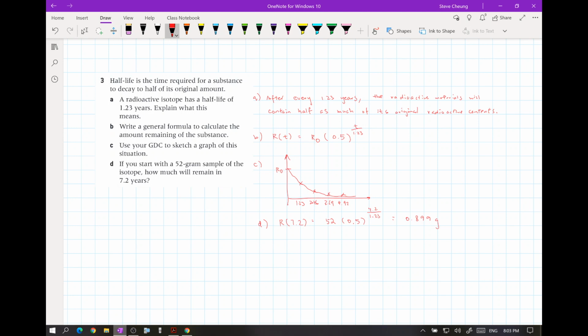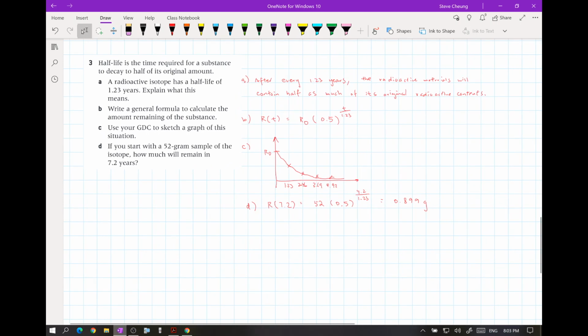No, this is correct. Because when time equals 0, it should be the original amount. So when t is 0, that exponent gives you 1. So then we have R naught, which is the beginning amount. After 1.23 years, it should be half as much. So if you plug it into this formula, it works. But if you plug it into their formula, it doesn't work.